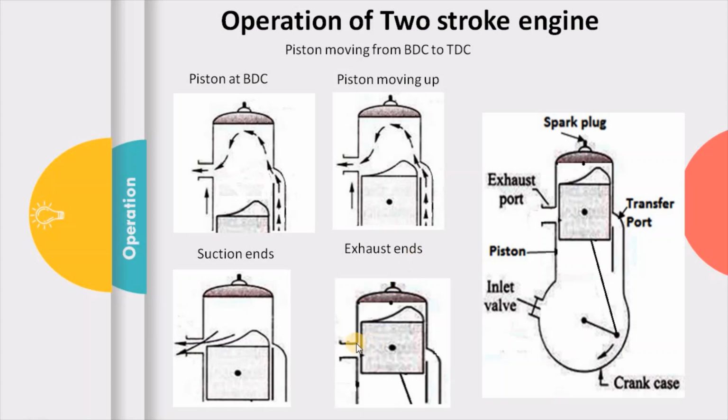Now the piston has reached over here, and as it continues to move towards top dead center, your compression is happening. So the compression happens from the piston position corresponding to this location until the piston reaches the top dead center. So now the piston has reached the top dead center.